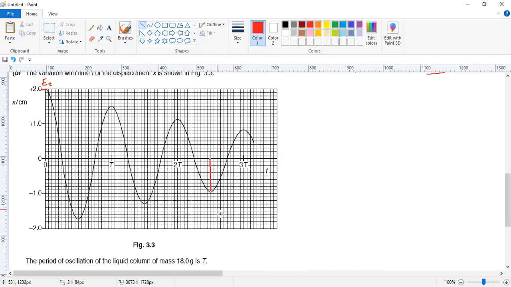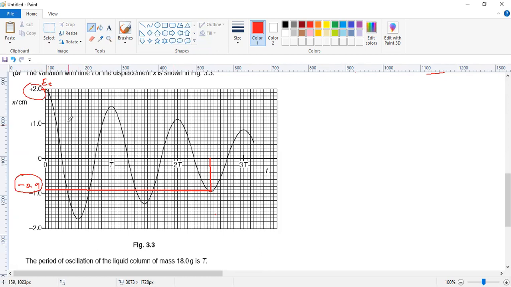Right. What is the corresponding x naught value of the amplitude? Because that is the one we should use to calculate the energy. This is minus 1, so this should be minus 0.9. All right. So we have 2 and minus 0.9.